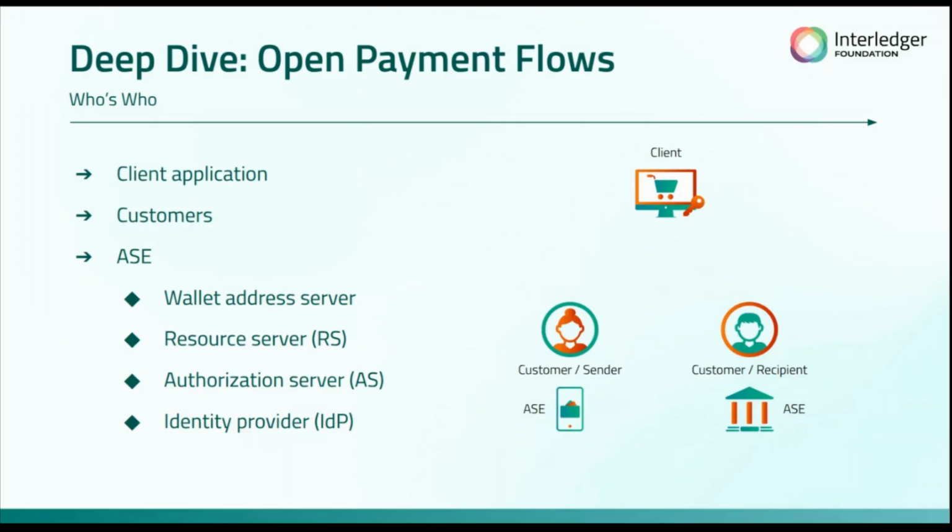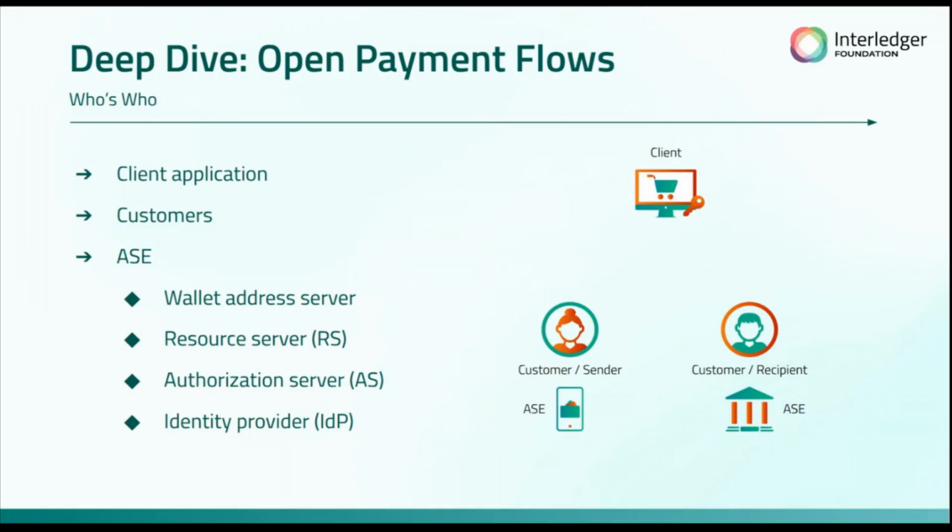Now, when we look at the flows, it's not as simple as saying the music store is going to make a request to Super Awesome Bank, because it's a little bit more layered as to what's needed. So every account servicing entity is going to need a wallet address server where they host information that's returned whenever a wallet address is queried.